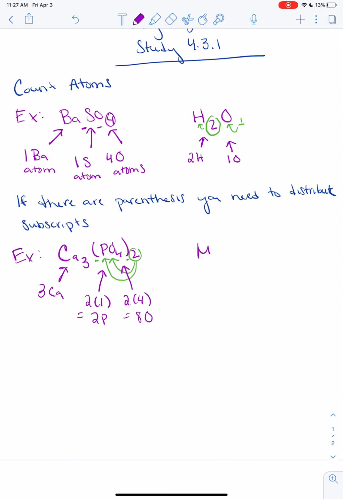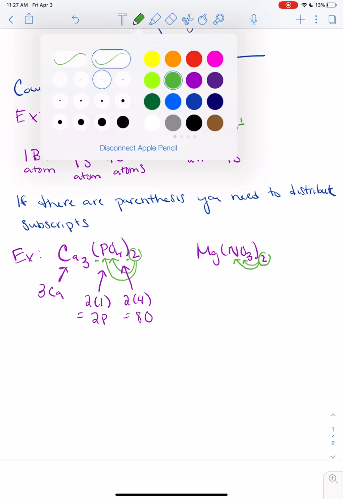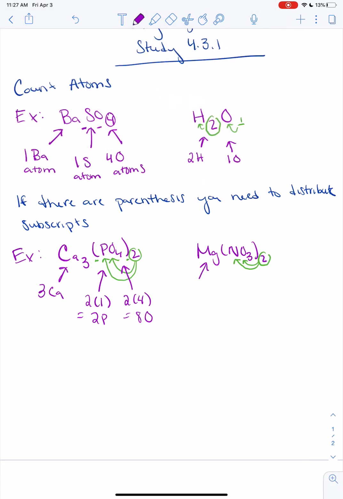Let's say we have Mg(NO3)2, the NO3 taken twice. Okay, so we have parentheses here. So that means that the 2 outside of our parentheses has to distribute to the N and the O. Magnesium is outside the parentheses, it has no subscript, so it's 1. That nitrogen would have been 1, but we have to multiply it by 2.